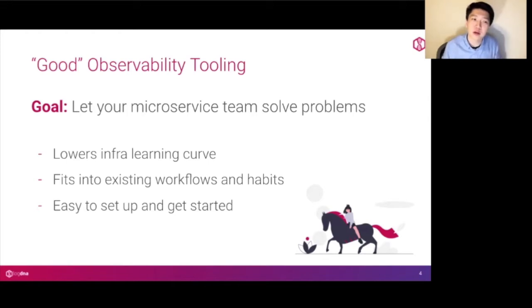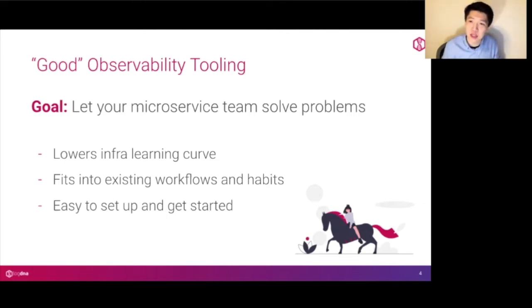The first one is really about lowering the infra learning curve. Especially as a service owner, to operate on top of infrastructure, you really shouldn't need to be an expert on that infrastructure. Especially when you're on top of very dynamic infrastructure, it can certainly become difficult at times to separate understanding if there is a service level issue, if there's something wrong with your microservice under your control, or if it's an underlying infrastructure issue that is actually a little bit outside of your control.